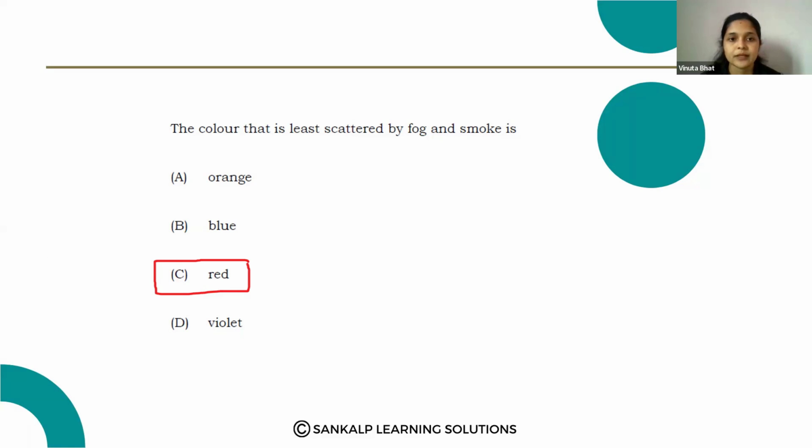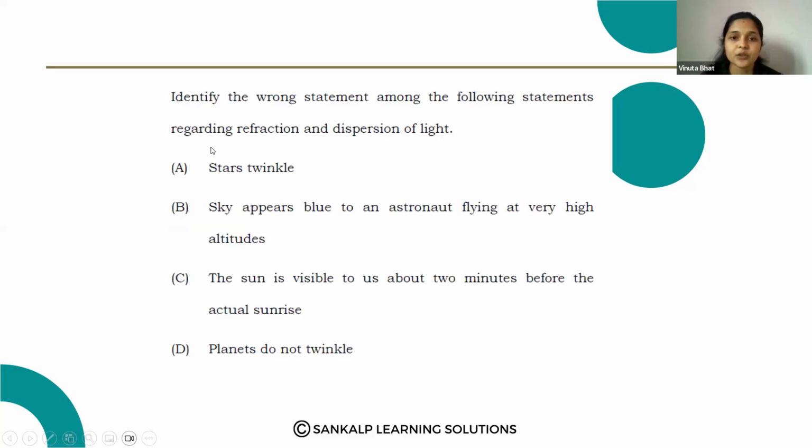Okay, next question. Identify the wrong statement among the following statements regarding refraction and dispersion of light. Option A, stars twinkle. Option B, sky appears blue to an astronaut flying at very high altitudes. Option C, the sun is visible to us about 2 minutes before the actual sunrise. Option D, planets do not twinkle.